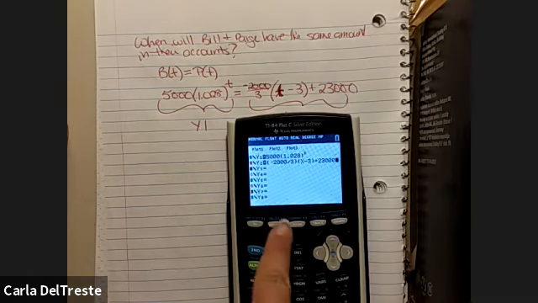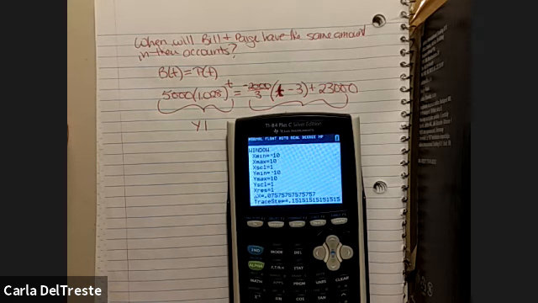So when I go to my window, first things first, I have to think about a realistic window. I'm talking about months, and I'm talking about amount of dollars. Do we have negative months, okay, when we're depositing money? There's no such thing as negative months. We're going to start the min at 0, okay?